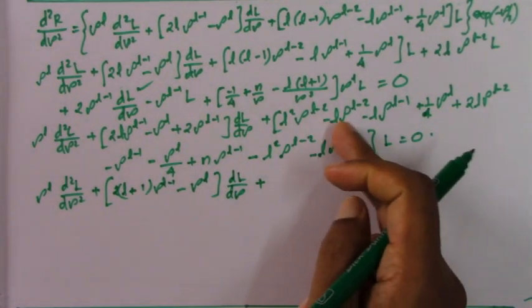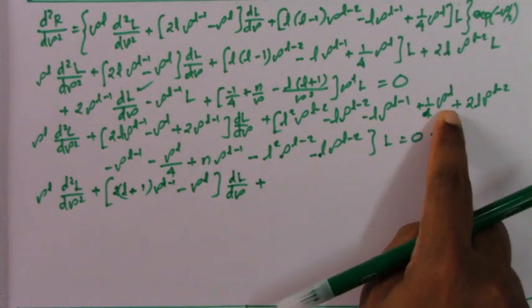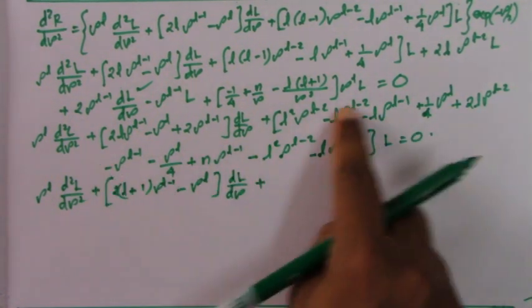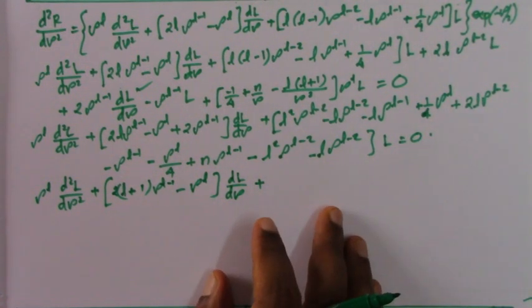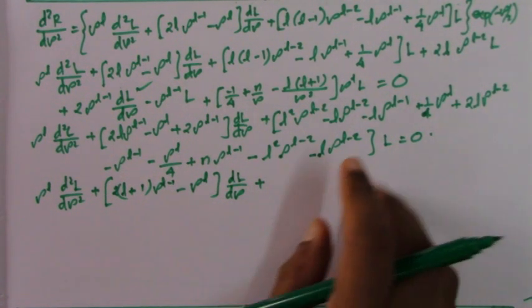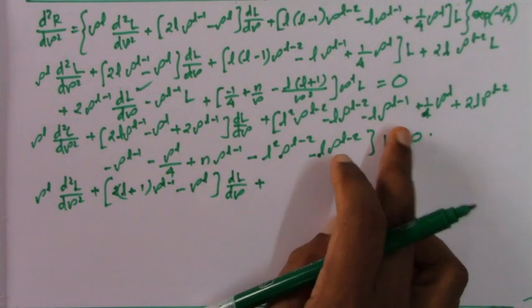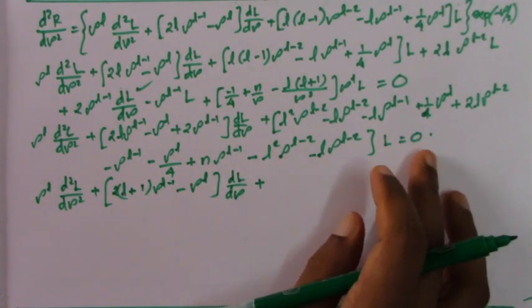There are many things like rho raised to L minus 2, rho raised to L minus 1, rho raised to L within this big bracket. So I will put together all the rho raised to L minus 2 terms together, rho raised to L minus 1 terms together, and rho raised to L terms together.